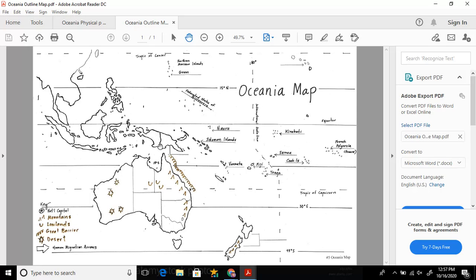But right here is the dividing point in this island. This is Papua New Guinea, and all of this, Indonesia, Philippines, Malaysia, Thailand, and so on, is all going to be shaded gray because this is Asia, all right? And so Oceania is Papua New Guinea, Australia, New Zealand, this collection of South Pacific islands, as well as the Hawaiian Islands.